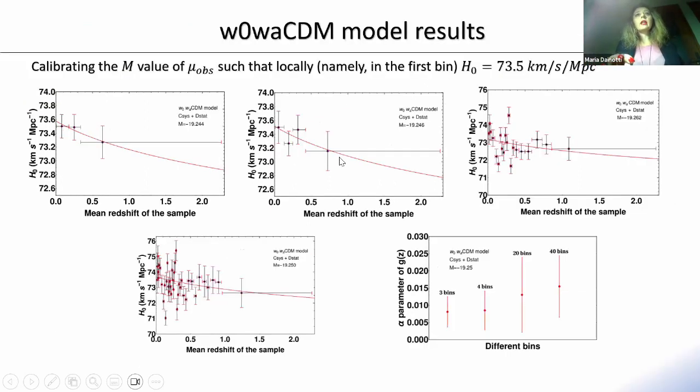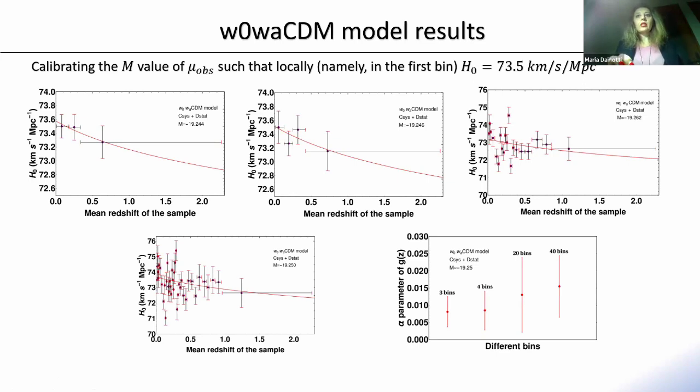Now, if we consider then the w0waCDM model, again we here present also the 20 redshift bins and the 40 redshift bins. And here we have how the alpha parameter changes with the change of the bins. The treatment is the same also for the ΛCDM model. Now, it is obvious that for a larger number of bins, we have larger error bars on the alpha parameter because we have a smaller number of supernovae in each bin.